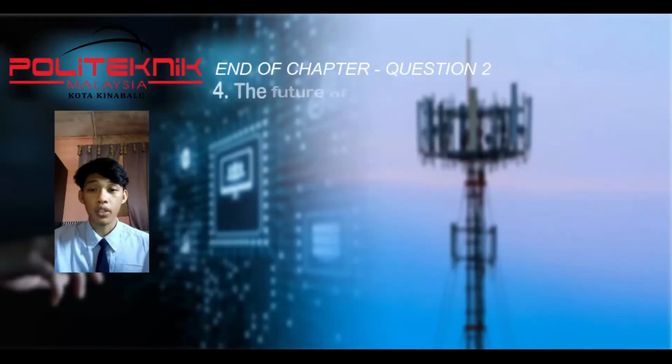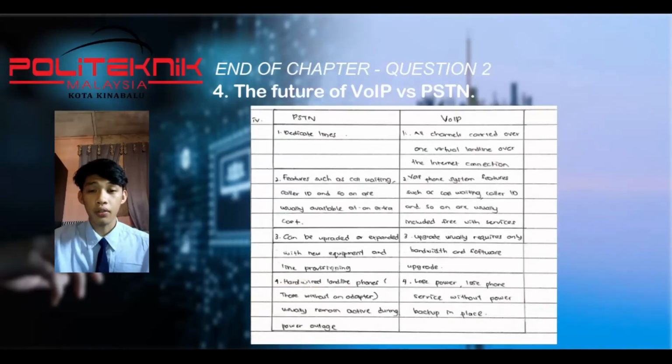Next is question 4, which asks about the future of PSTN versus VoIP. The first is that PSTN uses dedicated lines, and for VoIP all channels are carried over one virtual landline over the internet connection.